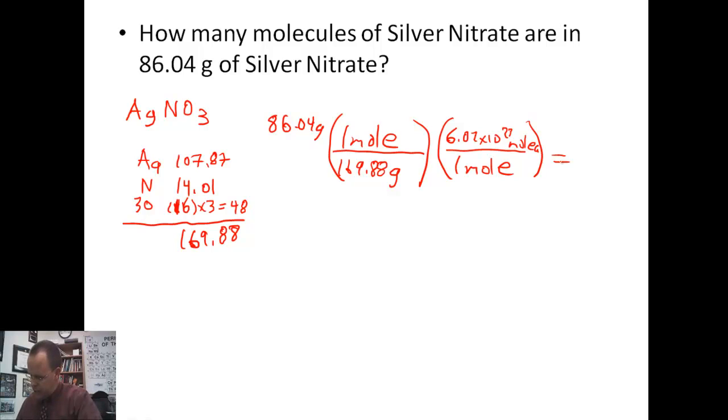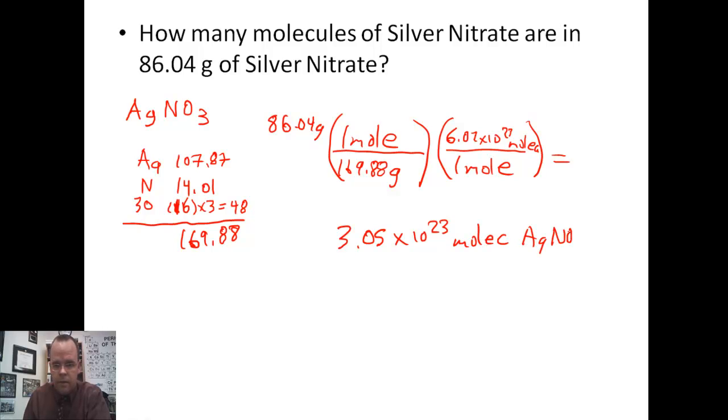So we're going to take 86.04 divided by 169.88 and multiply by 6.02 times 10 to the 23rd. And we get 3.05 times 10 to the 23rd molecules of silver nitrate.